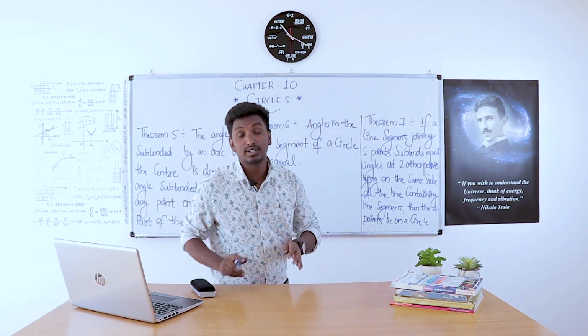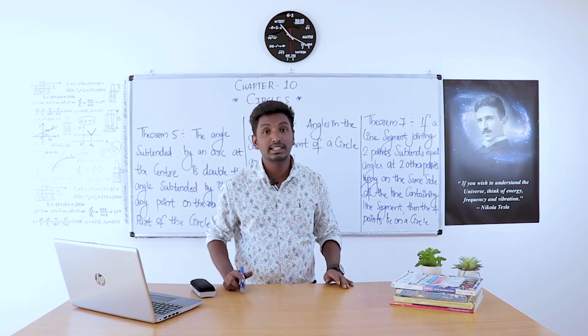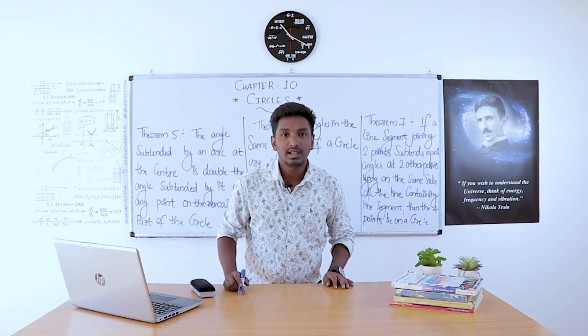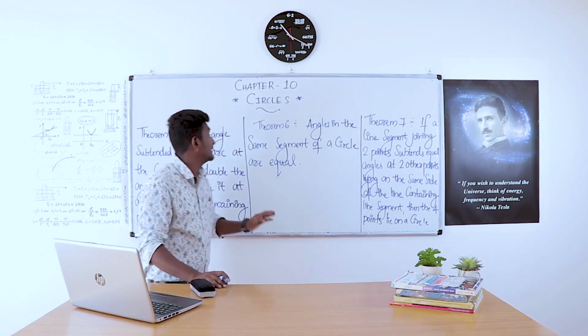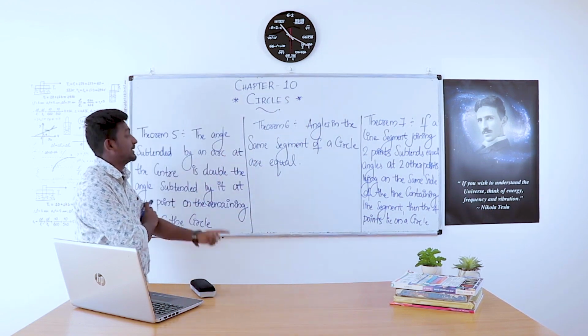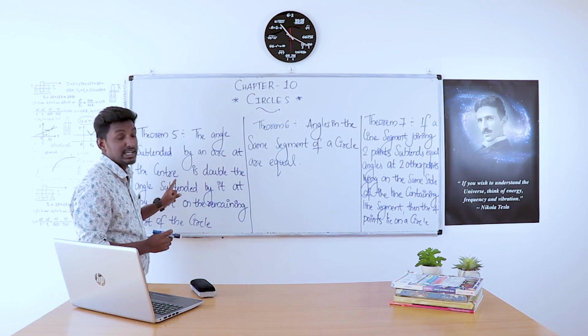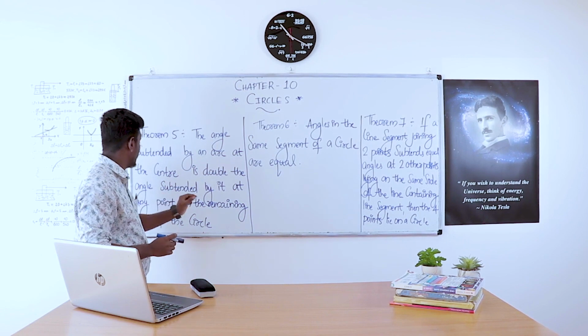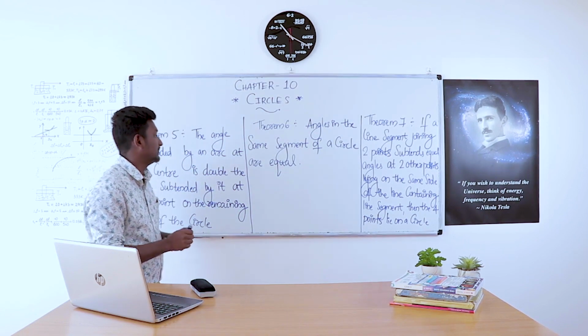The first theorem related to that is: the angle subtended by an arc at the center is double the angle subtended by it at any point on the remaining part of the circle.